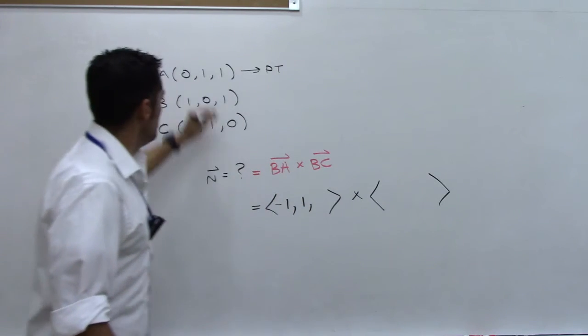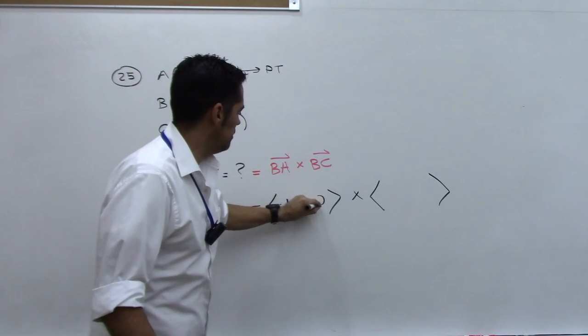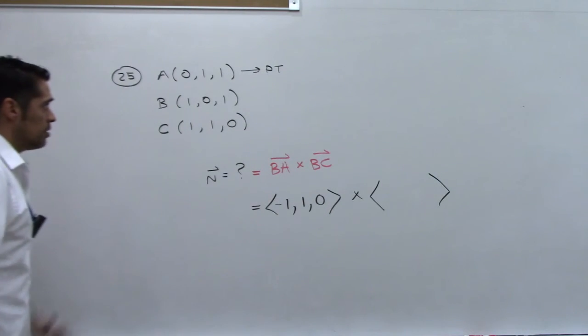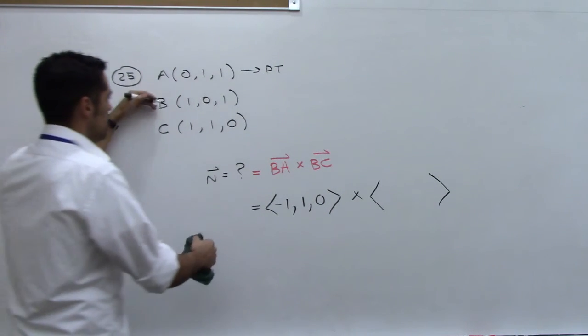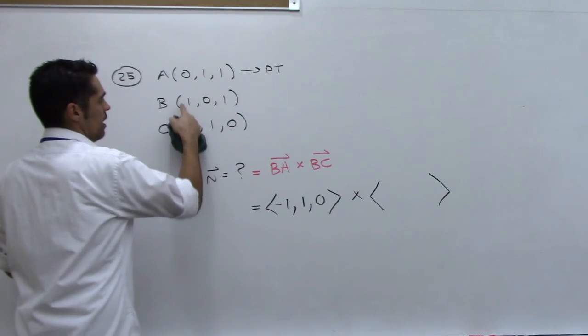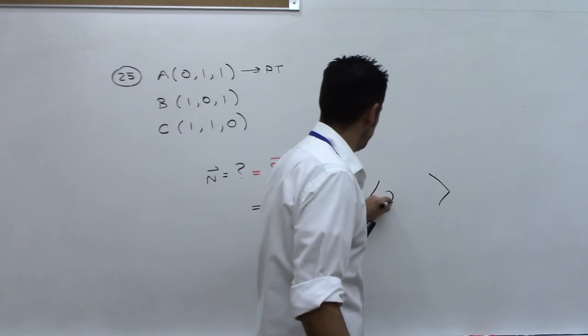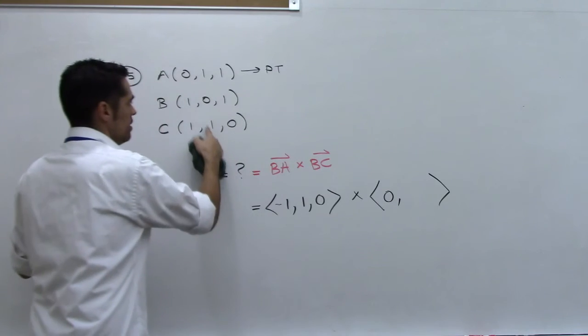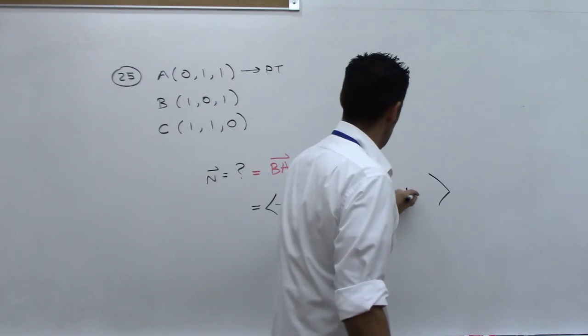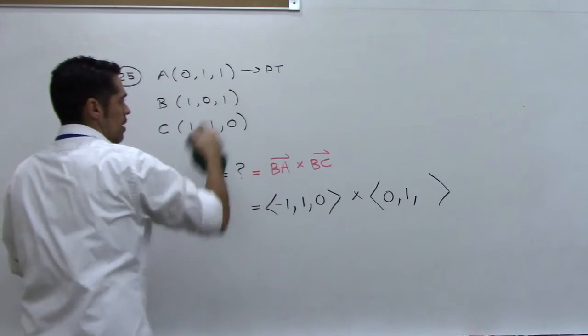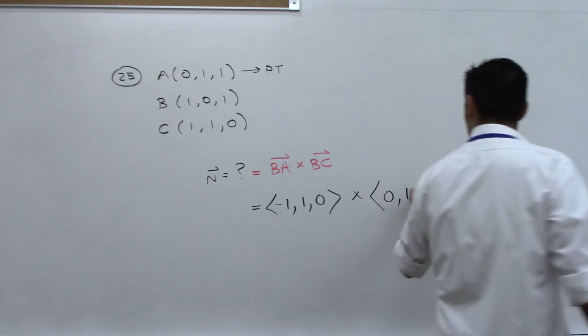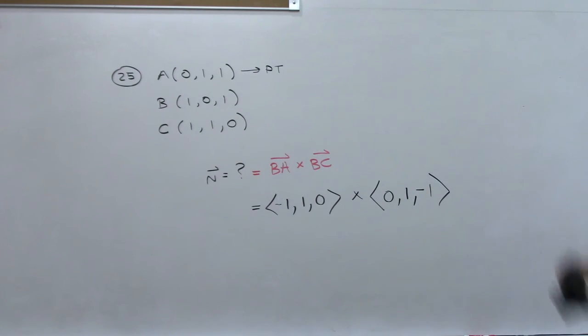And then I'm going to take 1 and subtract 1, which gives me 0. So that's the vector going from B to A. Now the vector from B to C, I'm going to do 1, take away 1, which is 0. I'm going to go 1, take away 0, which is 1. And I'm going to go 0 and take away 1, which is negative 1. And now I need to cross those two.